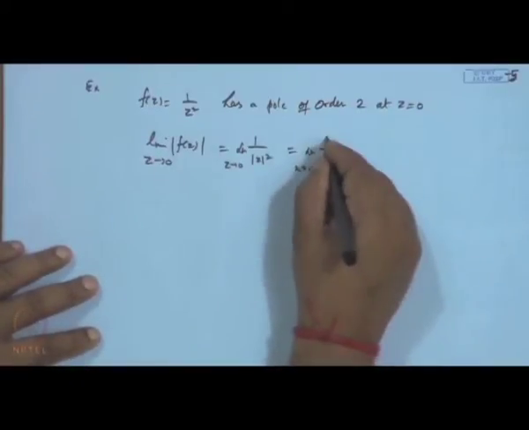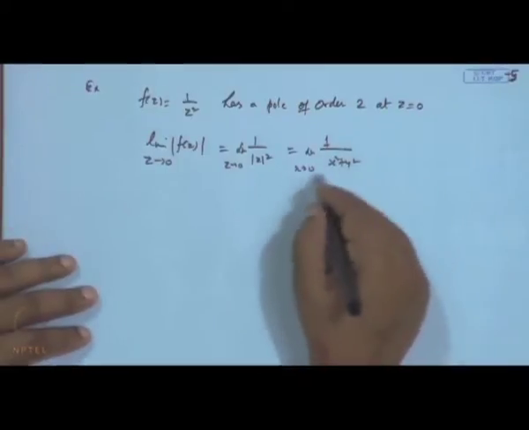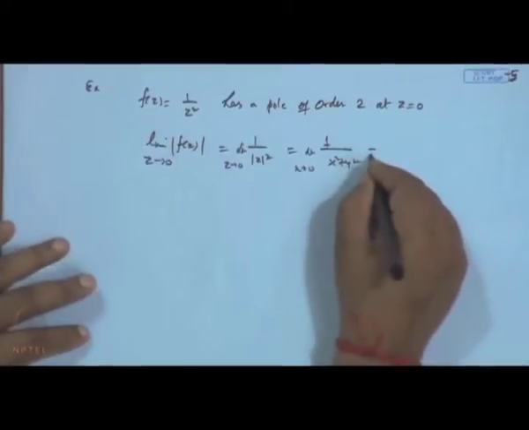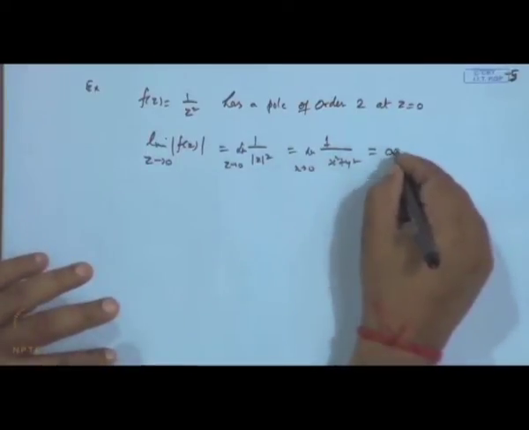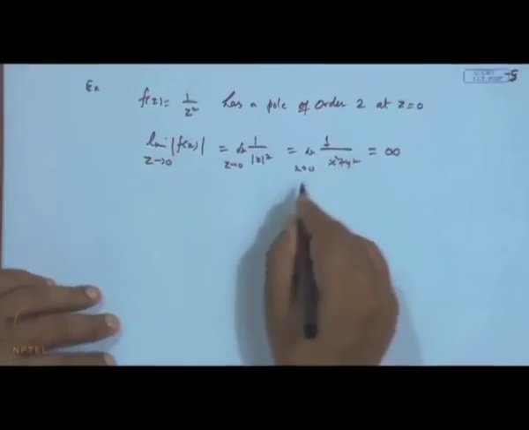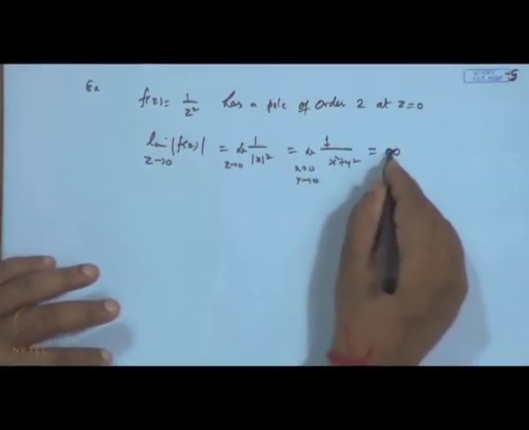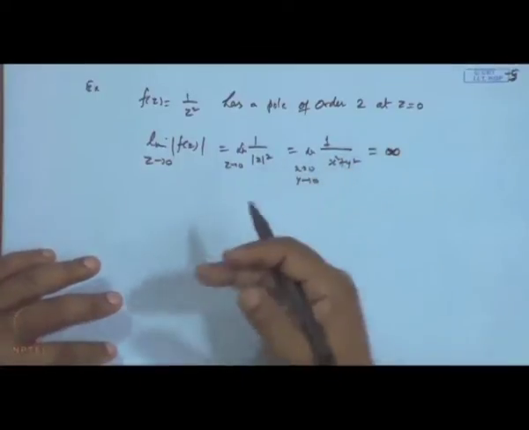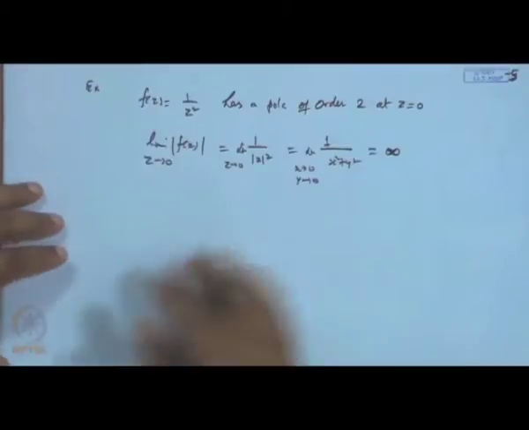This we can establish by epsilon delta definition also, or along any path you choose, this will go to infinity, because x and y are tending to 0, so the value keeps on increasing.